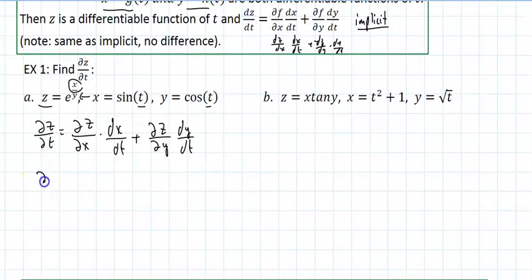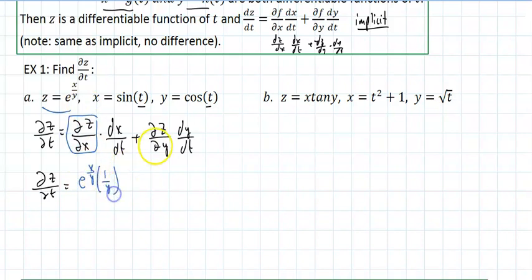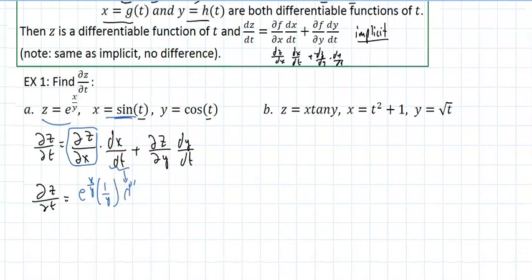So first you would say the partial of z with respect to t will be, what's the derivative of this with respect to x? Partial. Isn't that e to the x over y times 1 over y? And what would be dx/dt? Cosine of t? Oh boy.